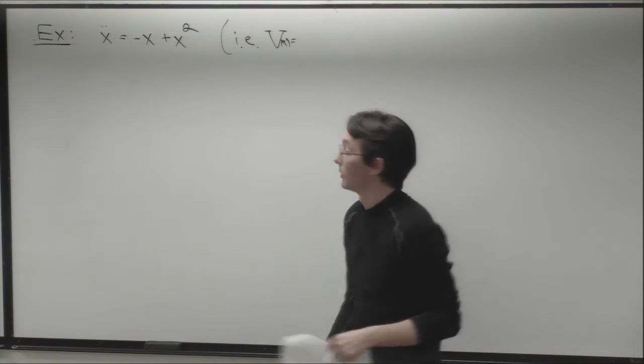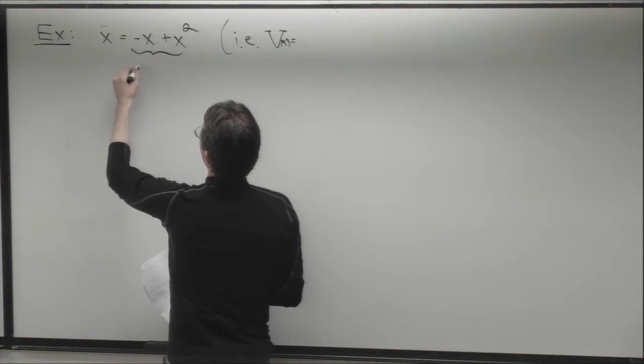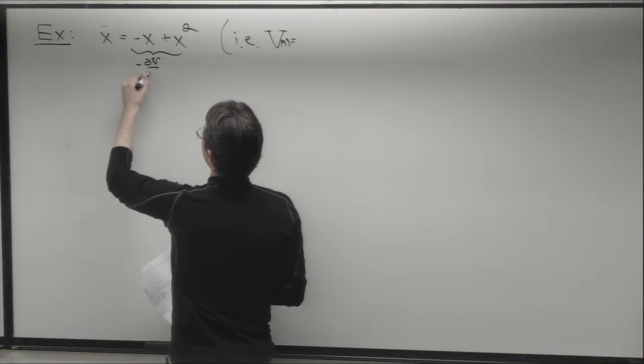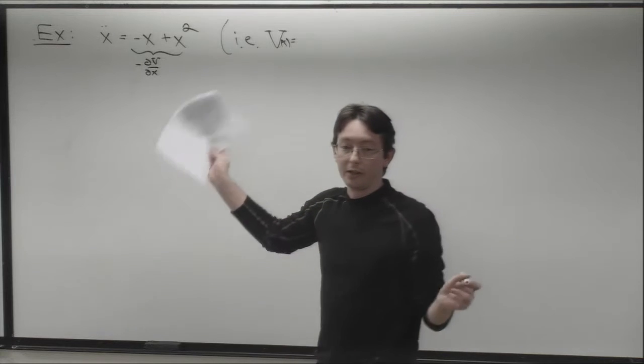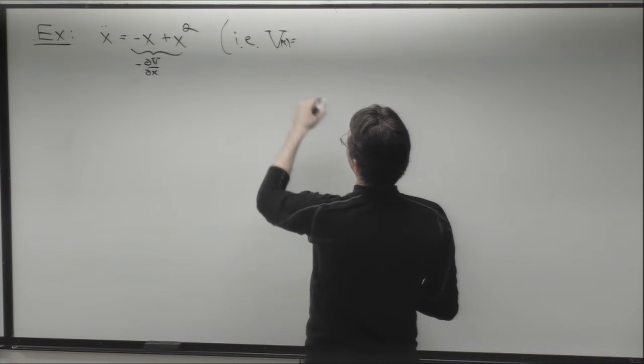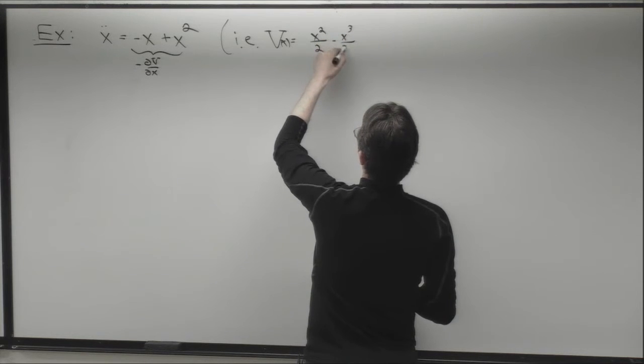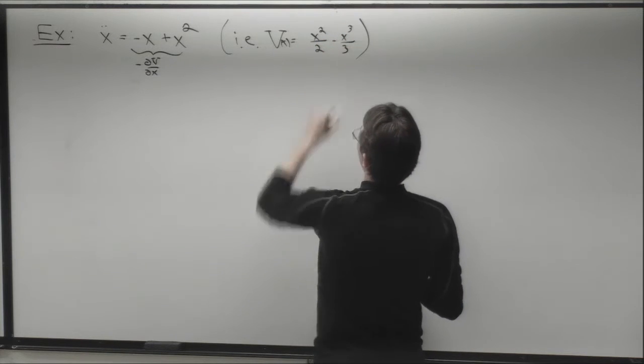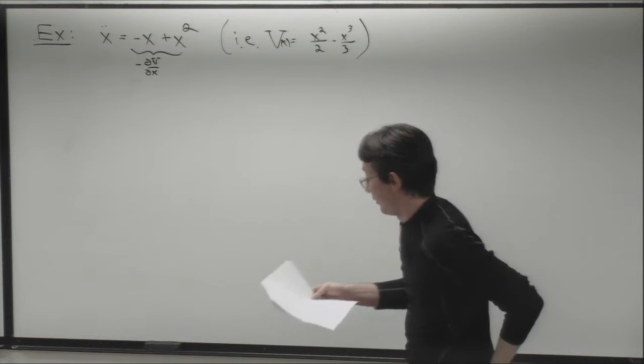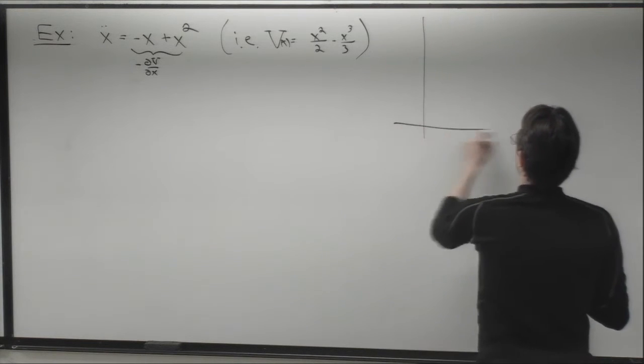Yeah, I would take minus the integral, because I know that this is equal to minus partial V partial x. So I'm just going to integrate it and take the negative sign, and I get something like x squared over 2 minus x cubed over 3. Good. And I can plot that potential curve, and it looks something like this.